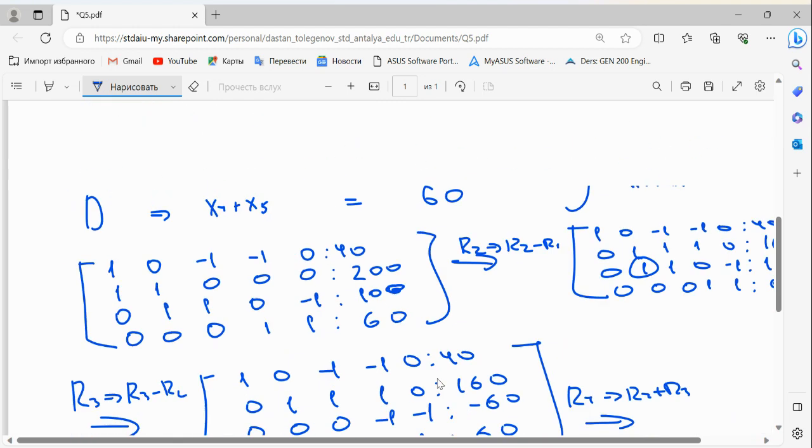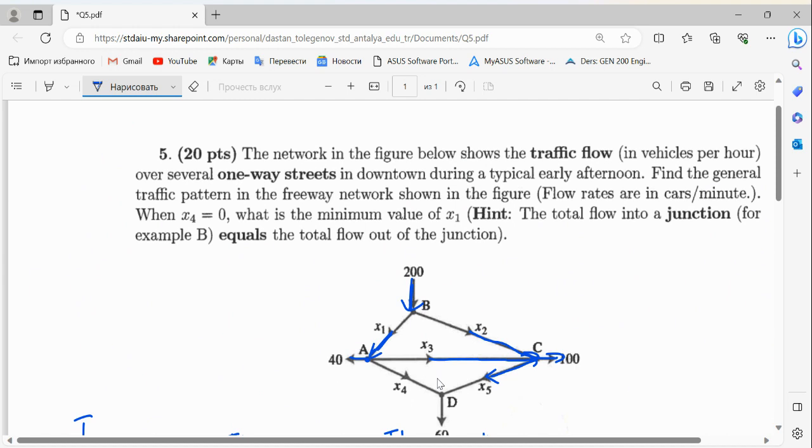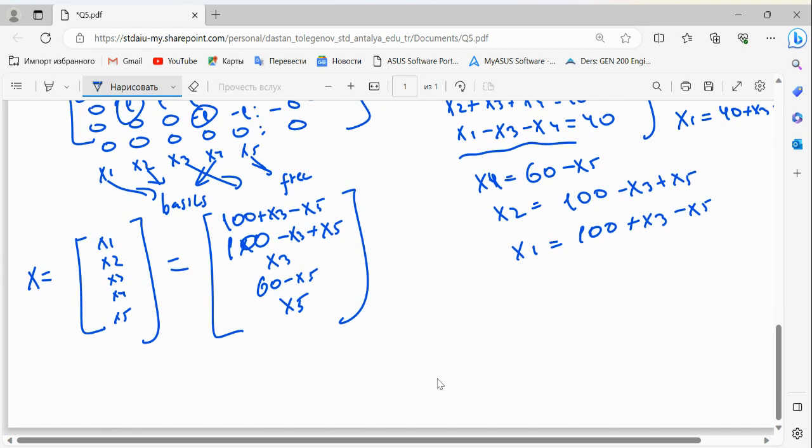But remember that in our condition it was set that when x4 is 0, we need the minimum value of x1. So let's go back to the x1 equation. Let's indicate that x4 is 0, then x5 from this equation is going to be 60.